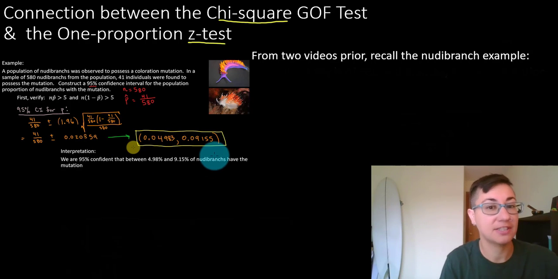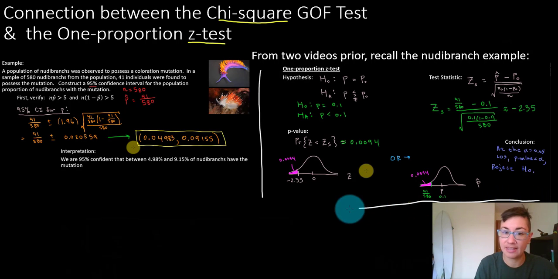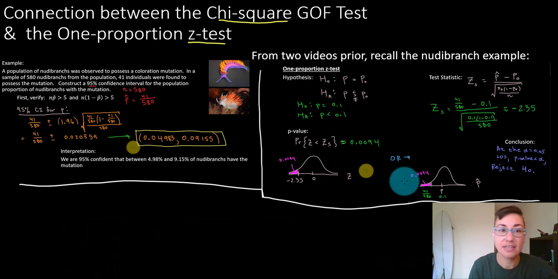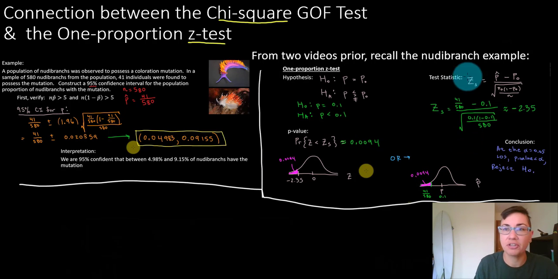So we did the confidence interval, then we went through the formal hypothesis test process that allows us to claim that the sample data suggests that the population proportion is significantly less than 10% at the 5% level of significance. And so this was two videos ago. I'll put the link up here.